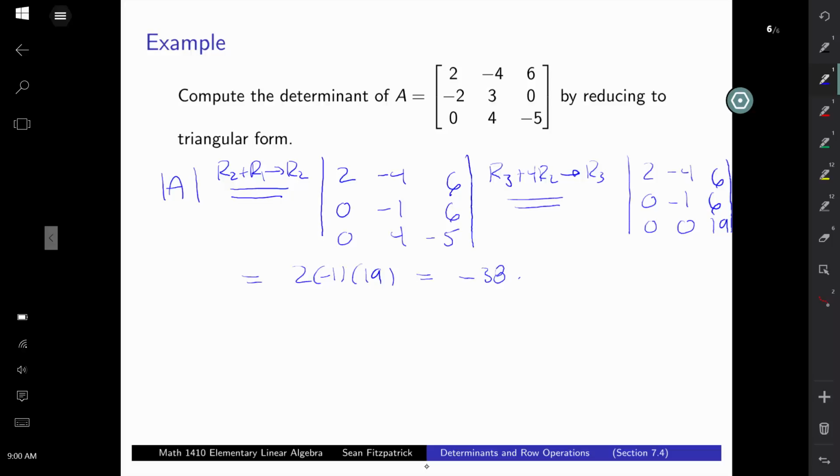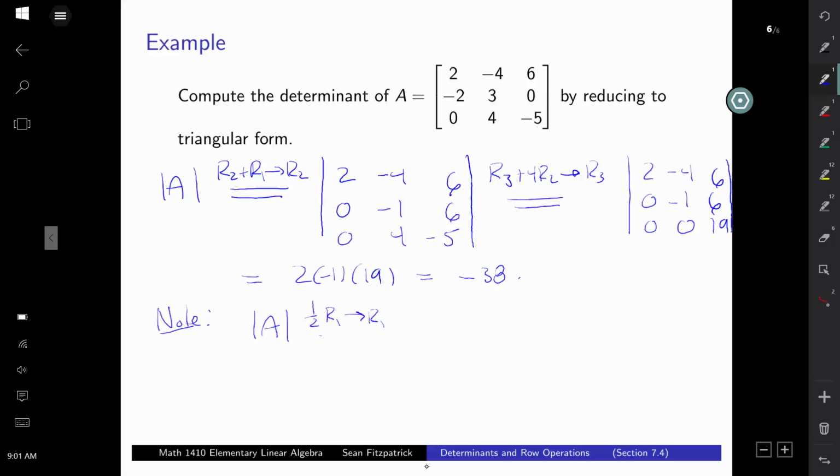Let me just do one thing here to illustrate how things work if you did want to do one of those type 2 row operations where you multiply by a constant. If I did a row operation of the form 1/2 row 1 to row 1, because I did want to create a leading 1, and I noticed everything in row 1 is even, so I want to multiply by 1/2.